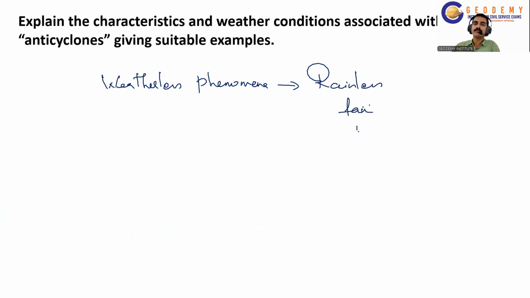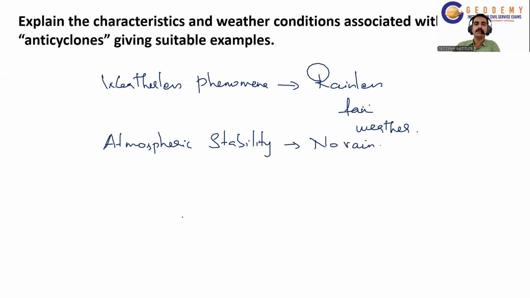That's why it is called a weatherless phenomenon. Due to the subsidence of air mass from the top, atmospheric stability will be created. That's why it has no rain.